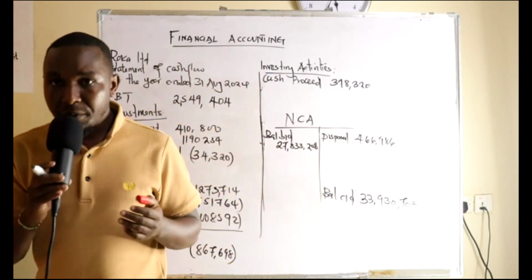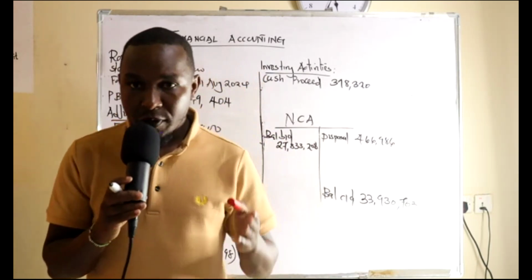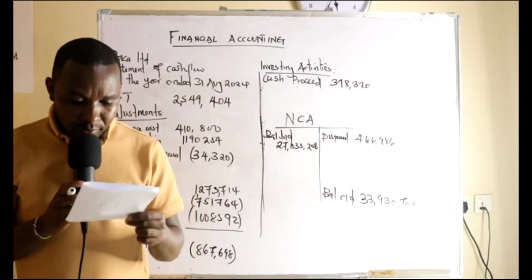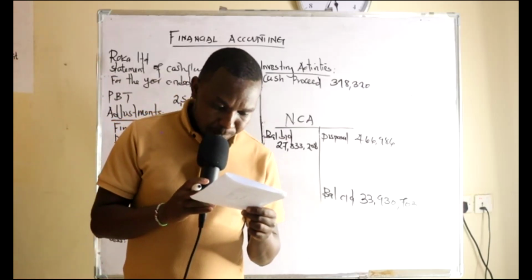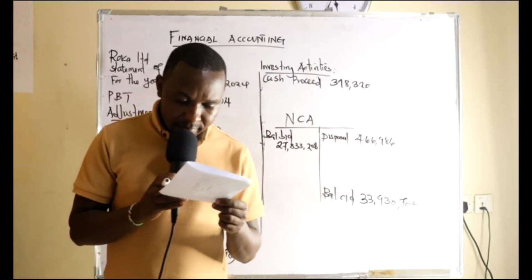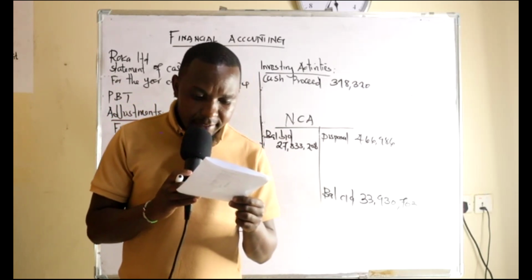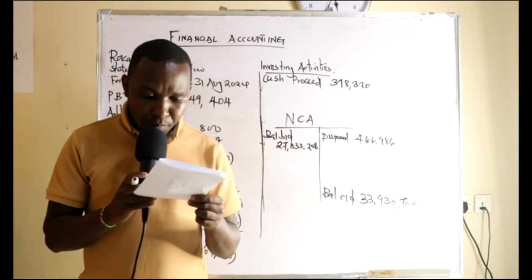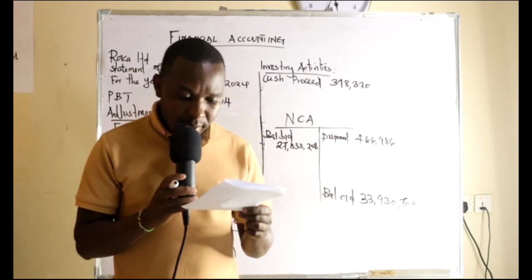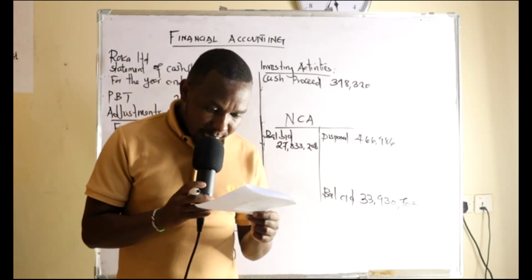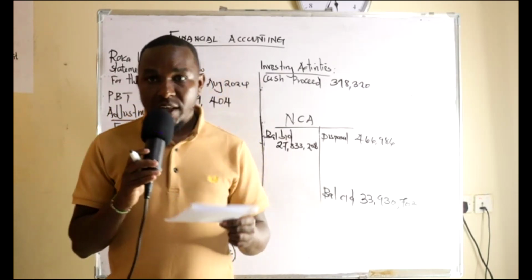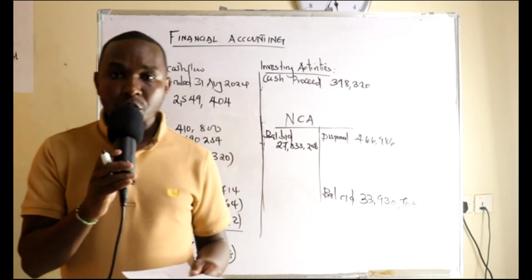So the difference in the revaluation is the value on these non-current assets. So if you go back to the balance sheet, is the revaluation reserve an increase or a decrease? It is an increase. From the last financial year it was 2,127,840, but for the current financial year it is 3,876,080. So there is an increase. So it is an upward revaluation.